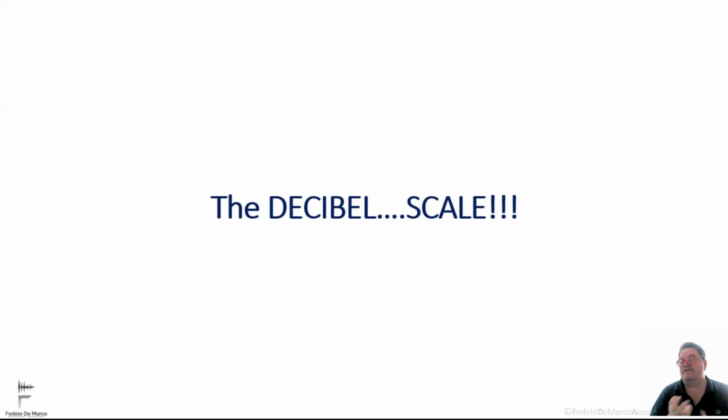Decibels are a logarithmic scale with which we can define any physical quantity. There are decibels for pressure, but also for temperature, for force, for velocity, for acceleration, everything. Everything can be described with the decibel scale.